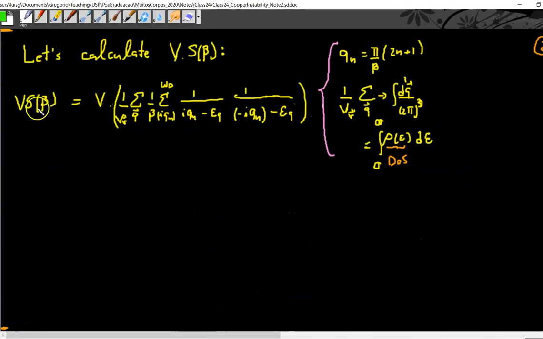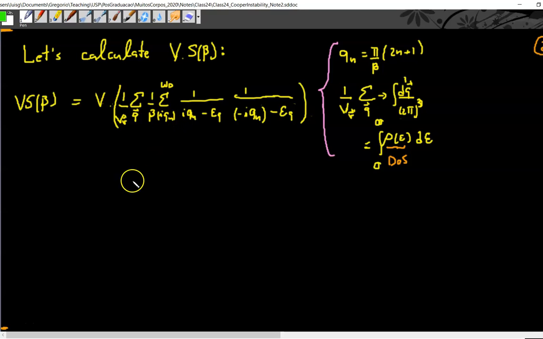Okay, so I rewrote my sum, or v times S_beta. There's the v here, 1 over the volume, sum over q, the momentum, and then a Matsubara sum, 1 over beta, with iq_n in absolute value, so I can have positive or negative.